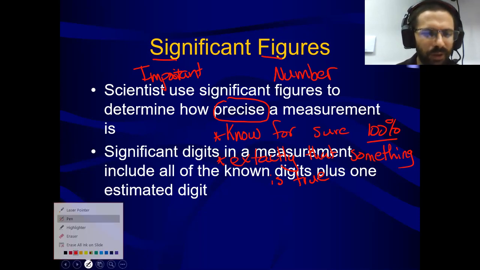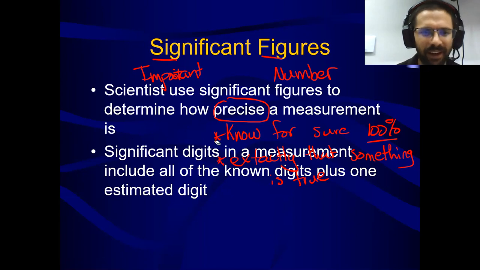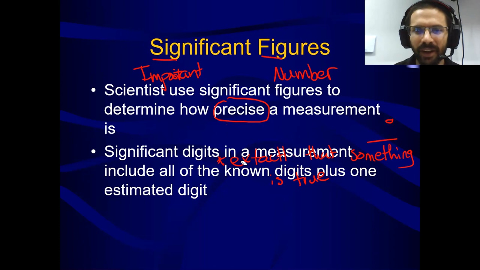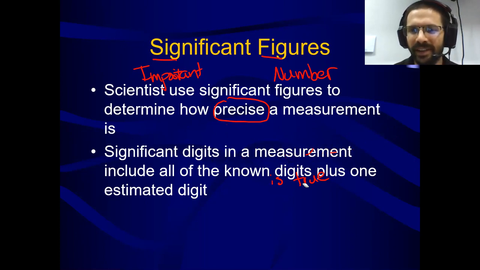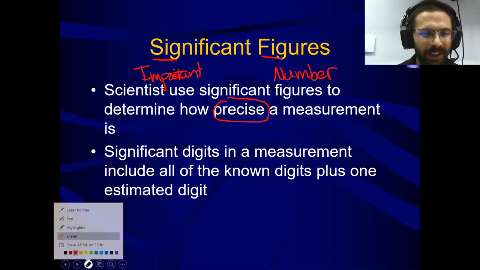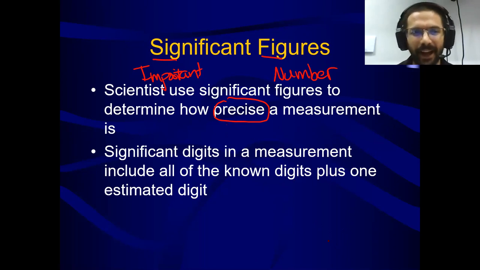So what we do is sometimes in our math, we will get a measurement. A measurement is something you get from a ruler or a scale, or a thermometer. You get these from many different objects in the science lab. So you get significant digits or numbers. Digit means number.